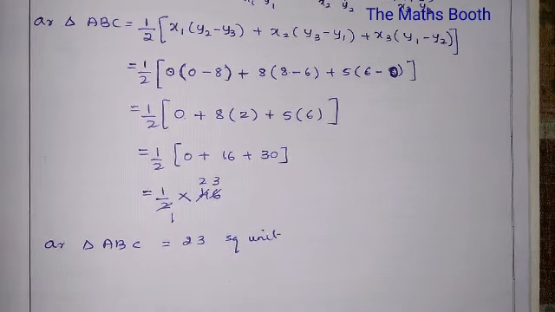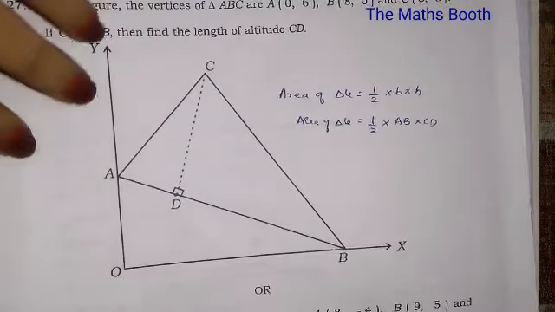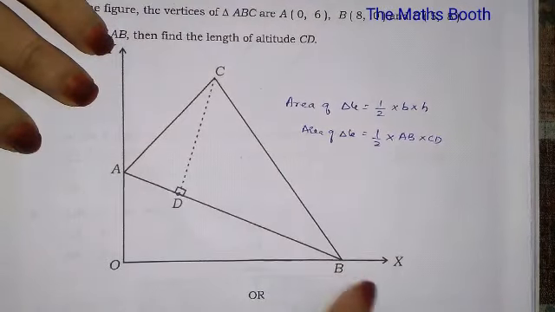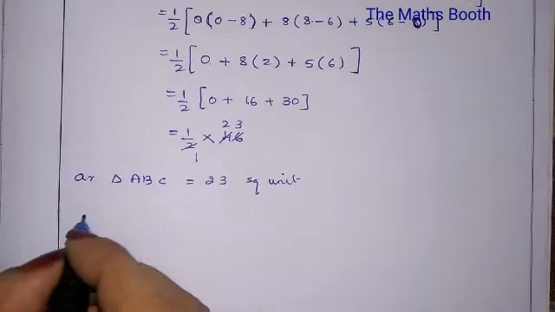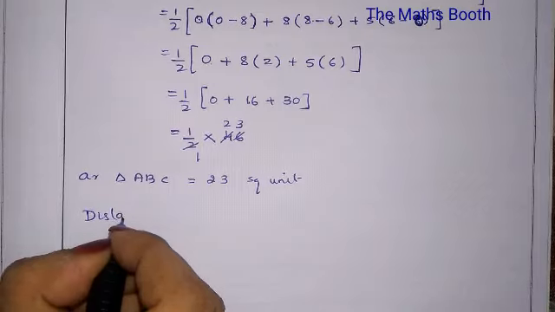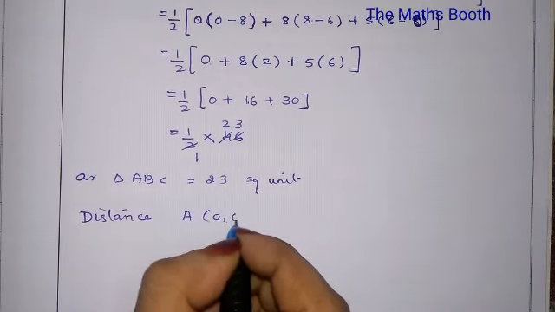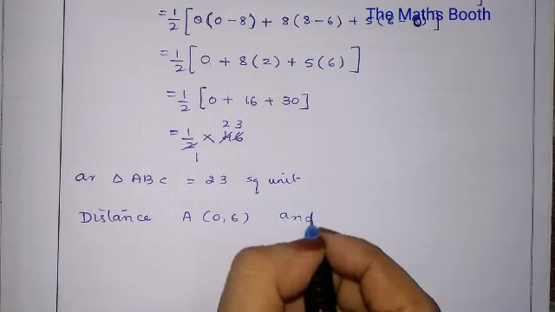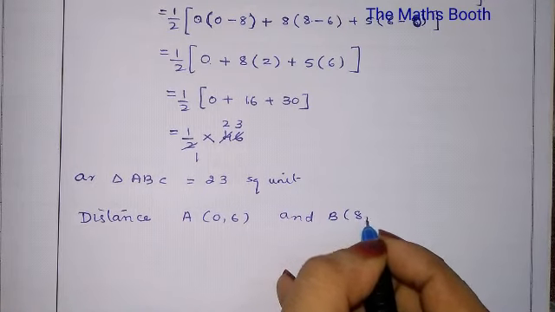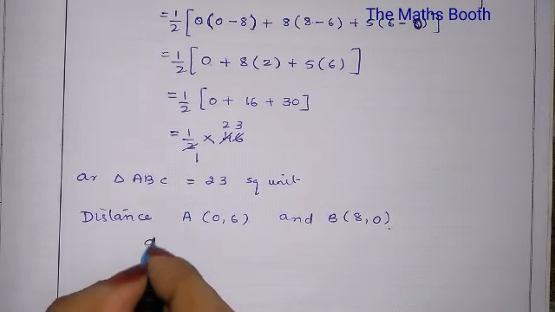Now we need to find the distance AB. So let us find the distance between A(0,6) and B(8,0). Let us use the distance formula.